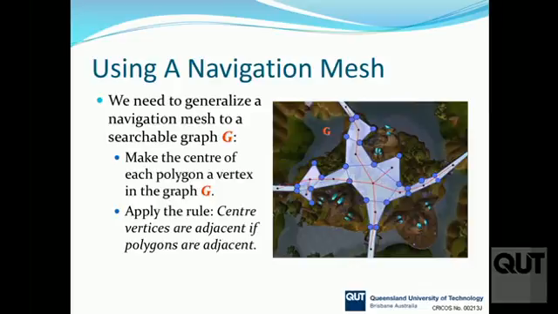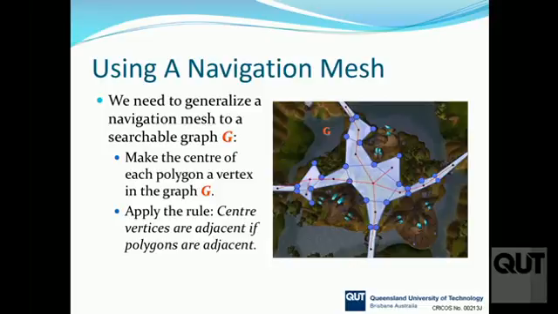And this can be converted into a graph also if we consider the center point of each of these polygons and the adjacency between the polygons as edges. So immediately we have a kind of graph concept here.